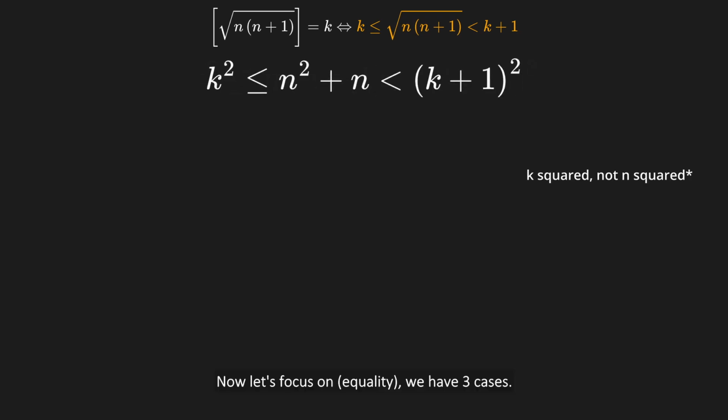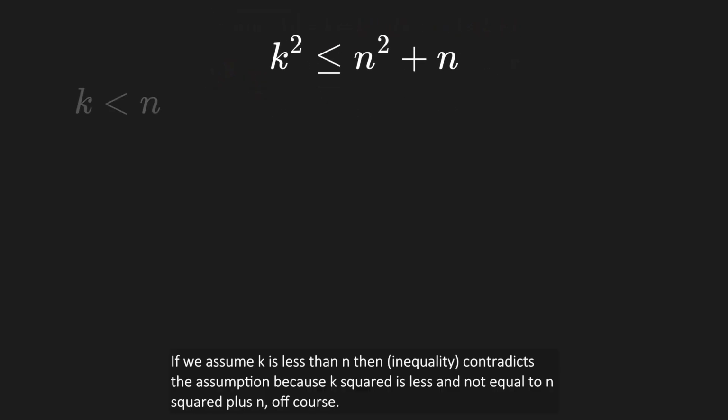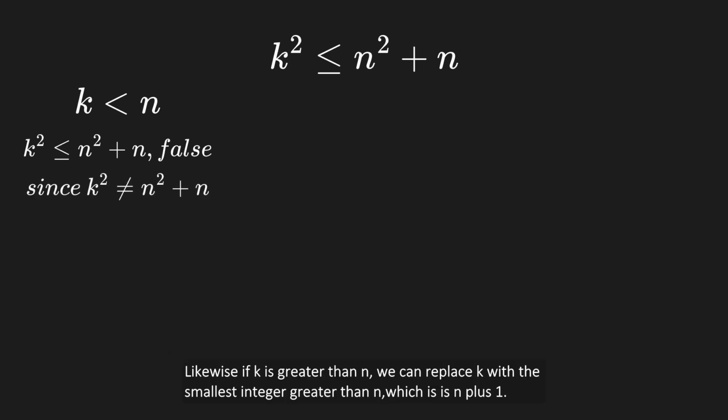Now let's focus on n squared less than or equal to n squared plus n. We have three cases. If we assume k is less than n, then k squared less than or equal to n squared plus n contradicts the assumption, because k squared is less than n squared plus n, of course. Likewise, if k is greater than n, we can replace k with the smallest integral greater than n, which is n plus 1.